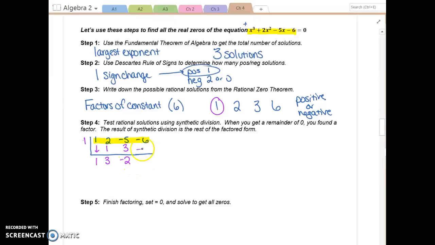Multiply. Is that going to be 0? No. So, 1 doesn't work. So next, we need to try synthetic division again. This time, we will try 2.